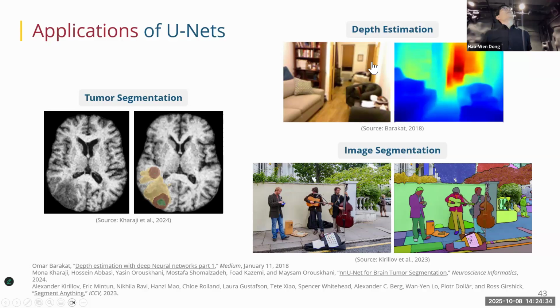Also depth estimation is where UNets could be helpful, where you look at the image and the output would be the same shape, just with different values. But also image segmentation, where you look at an image and basically color different image parts. So these are where UNets are most helpful, but also in our case, source separation, we are doing exactly the same shape.